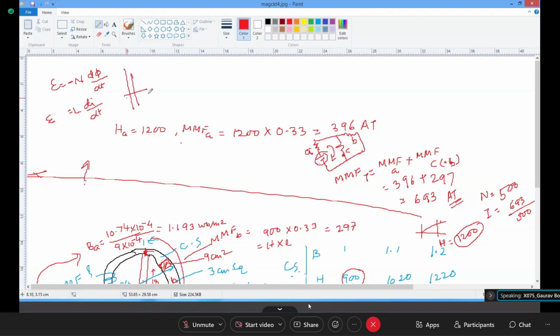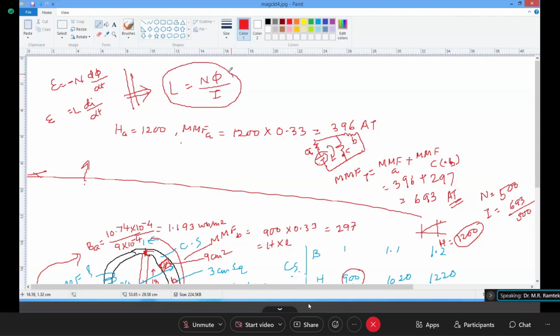So from these two equations, we can say that L is, anybody who can say something? N phi by I. Clear?